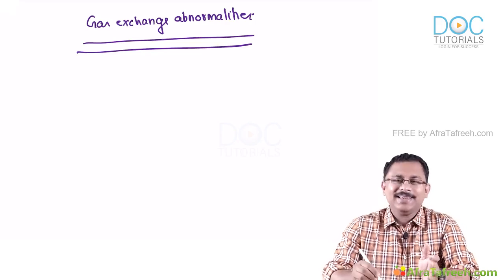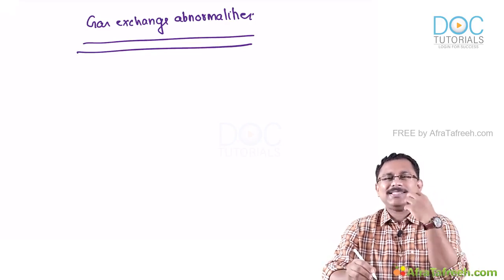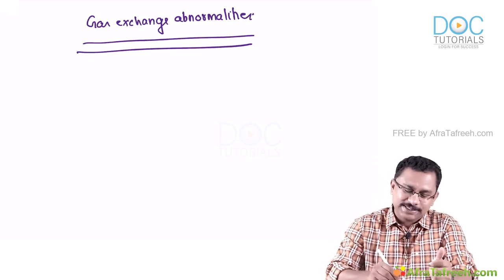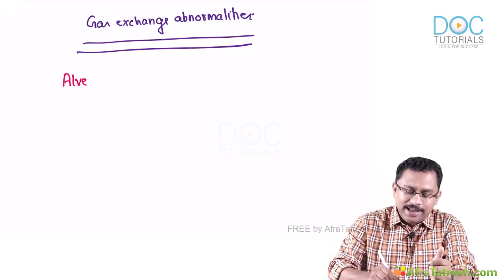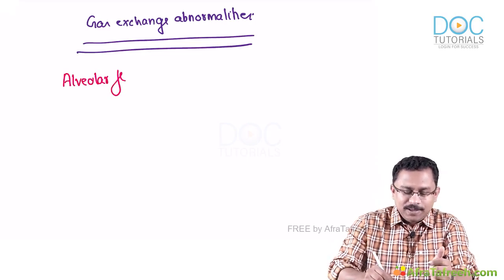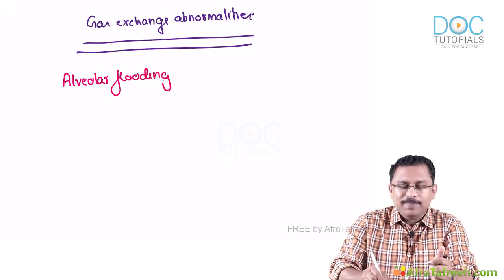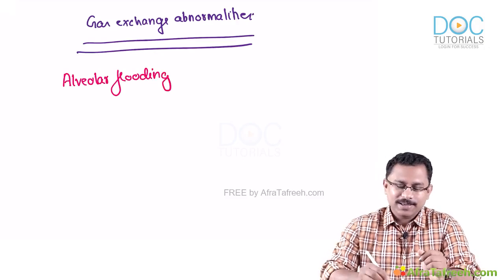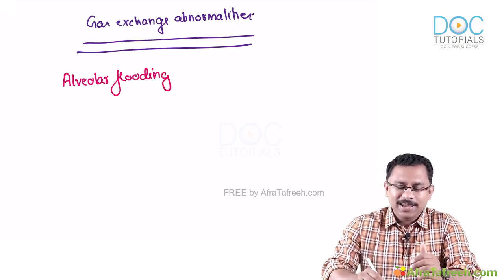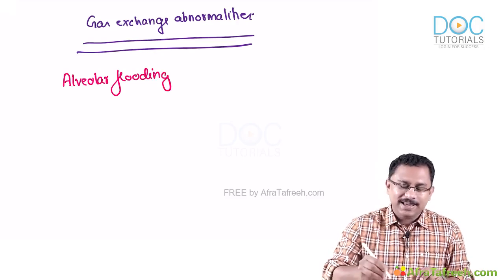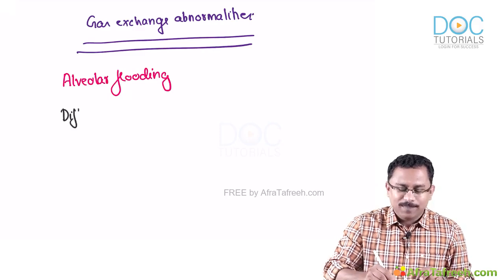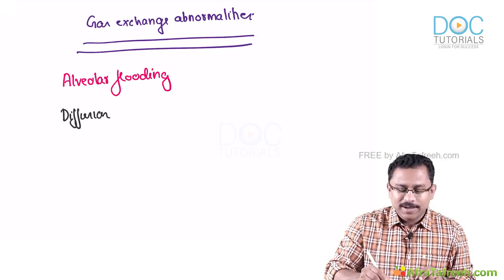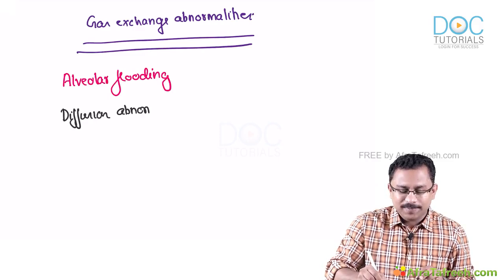So you know that in case of ARDS, especially the exudative phase, there occurs alveolar flooding. So your alveoli are being flooded with inflammatory protein-rich fluid, which means there will be a diffusion abnormality across your alveolo-capillary membrane. Okay, there will be diffusion abnormality.